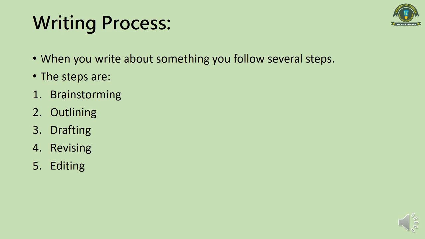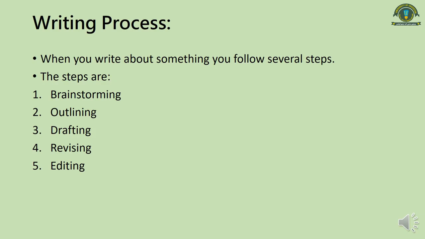Now, coming to the writing process. When you write about something, you follow several steps. And these steps are brainstorming, outlining, drafting, revising, and editing. Remember that our paragraph writing, or writing anything at all, is incomplete without these processes.